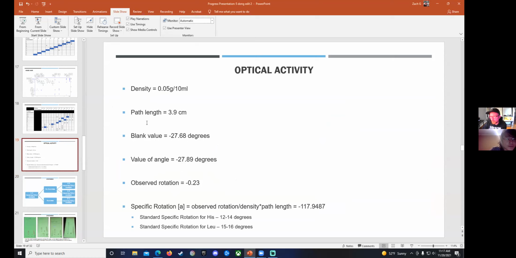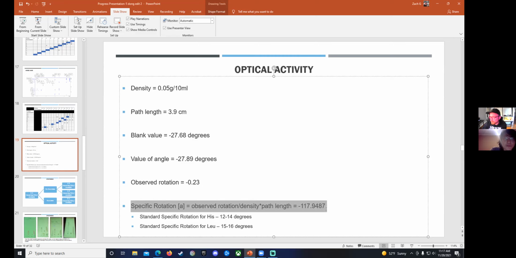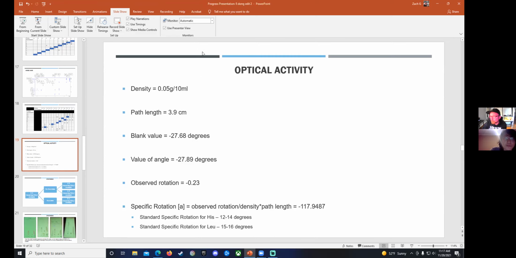Here are all of our values, our density, our path length, etc. I put the equation right here so you can see it as well. We measured the specific rotation alpha, and that is simply the observed rotation divided by the density multiplied by the path length. When we did that, we got negative 117.9487.